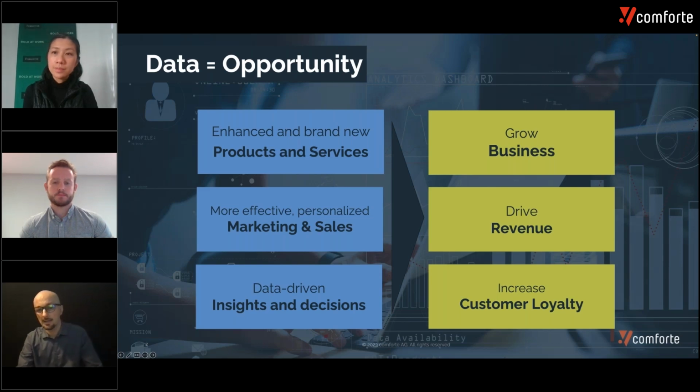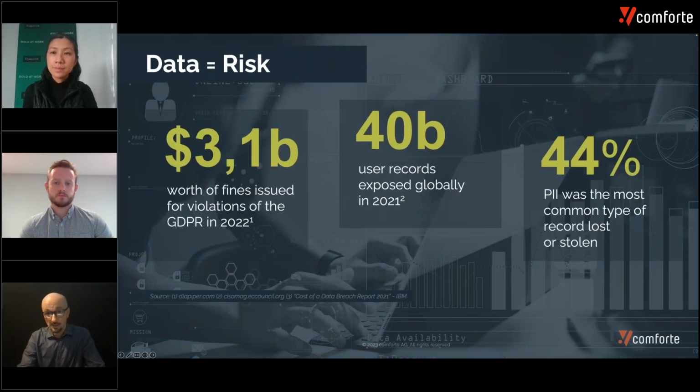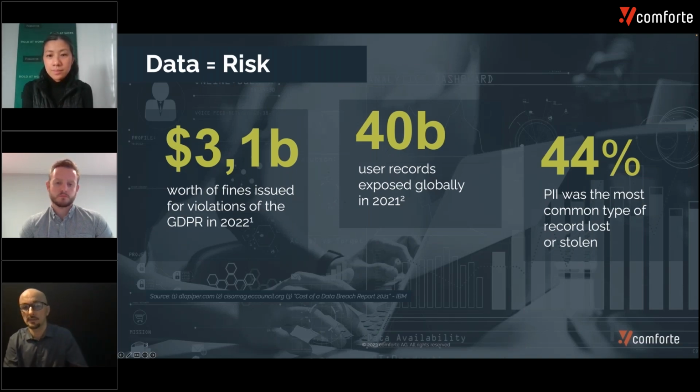But what is holding them back are security and compliance concerns. Mainly because of course, cybersecurity threats, compliance and privacy-related issues, financial risks caused by data breaches and non-compliance with data protection regulations are huge.